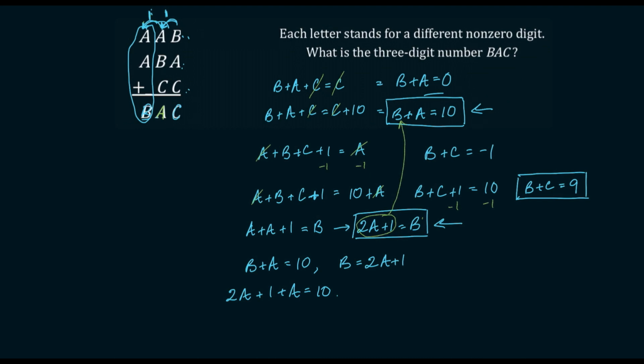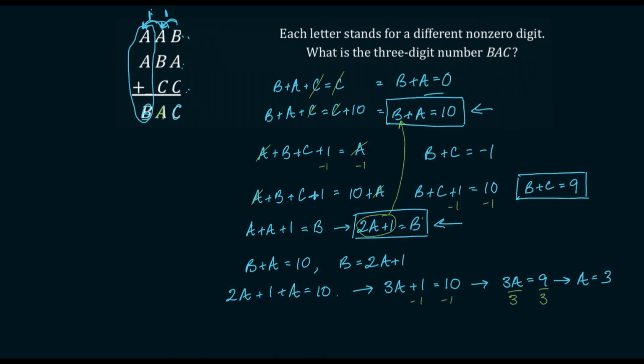When we combine like terms on the left-hand side, we get 3A plus 1 is equal to 10. And when we subtract 1 from both sides, we get that 3A is equal to 9. And finally, when we divide both sides by 3, we get that A is equal to 3.